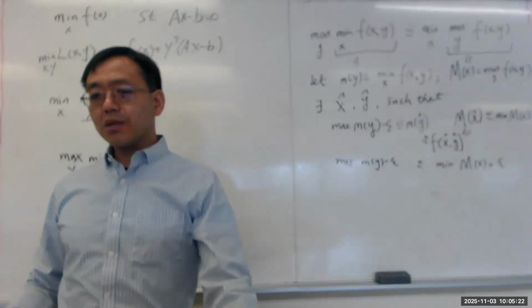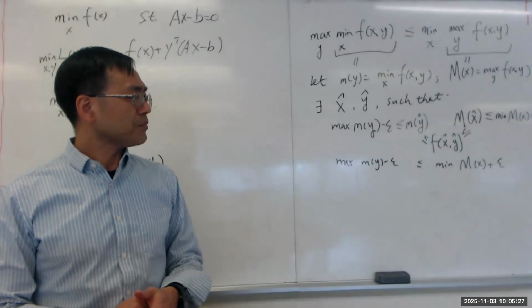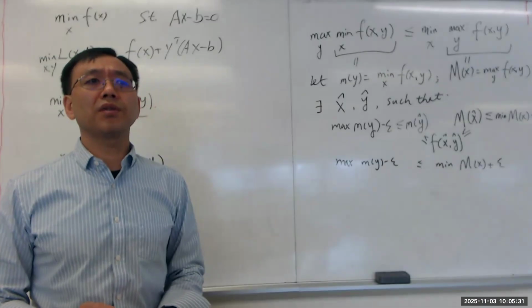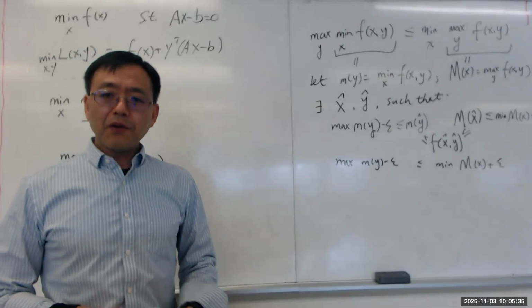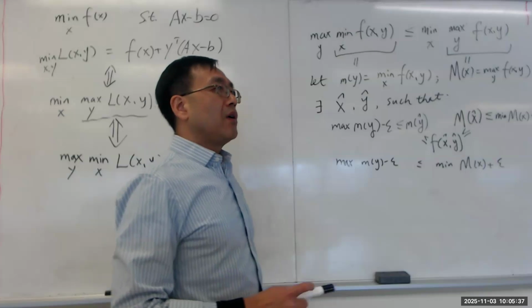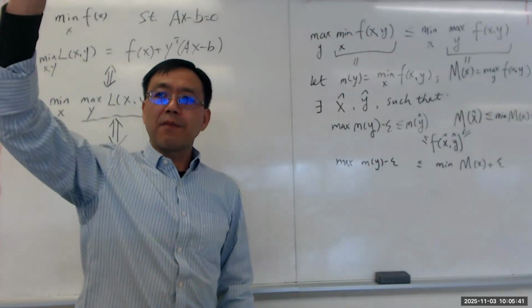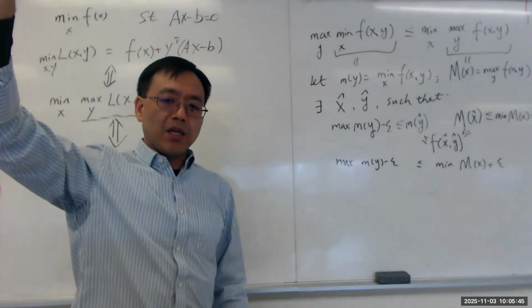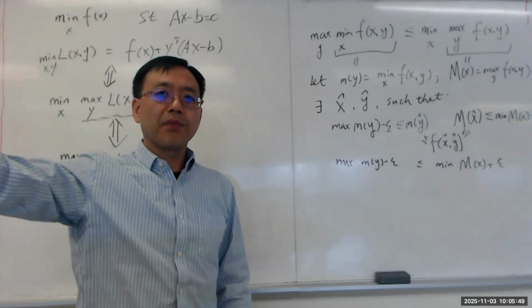This result actually makes intuitive sense, right? What it is basically saying is, if you have a function, you first try to maximize it, okay? Then once you have that maximization, you take a minimum over that maximization.